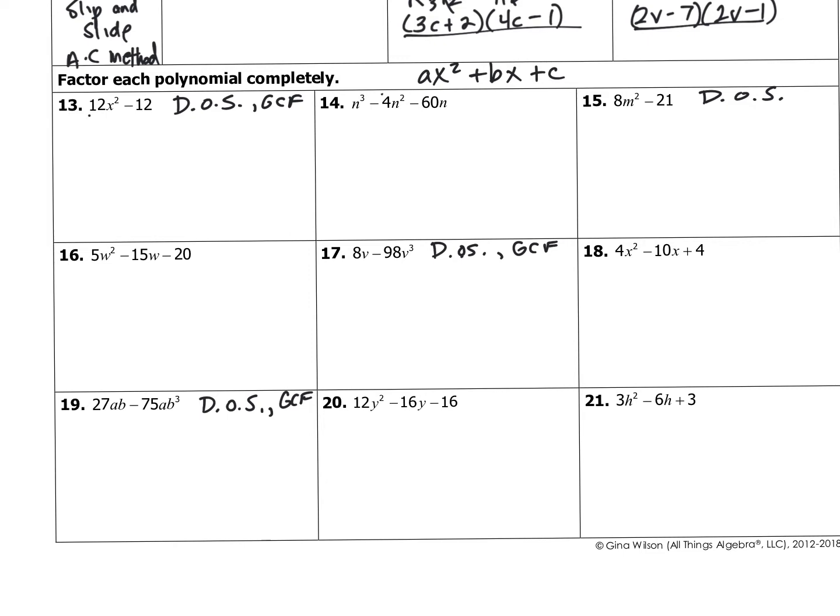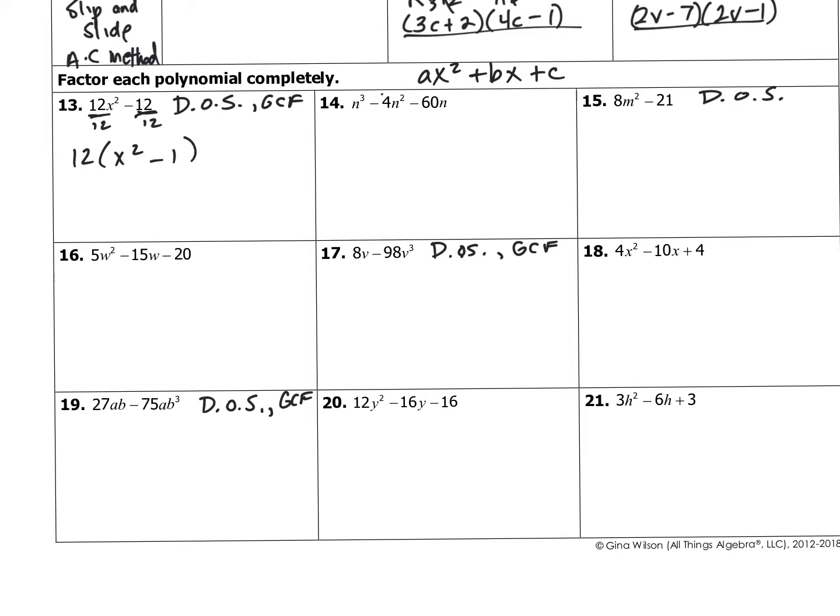So in number 13, I noticed really quick that these both have a 12. Well, 12 is my GCF, okay? If they both have a 12, then I can take a 12 out of the expression and then divide each term by 12 to see what's left over. So 12x squared divided by 12 is x squared, and 12 divided by 12 is 1.